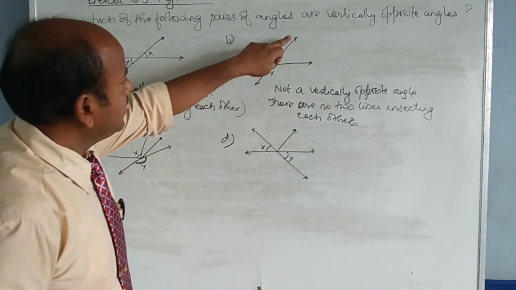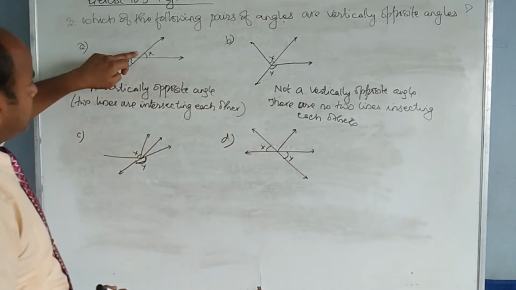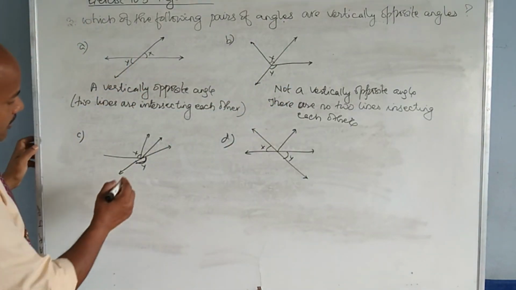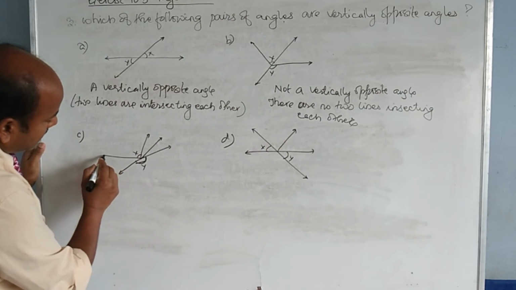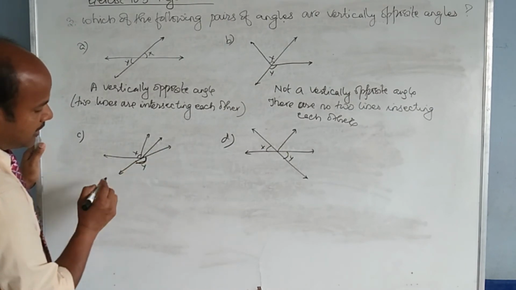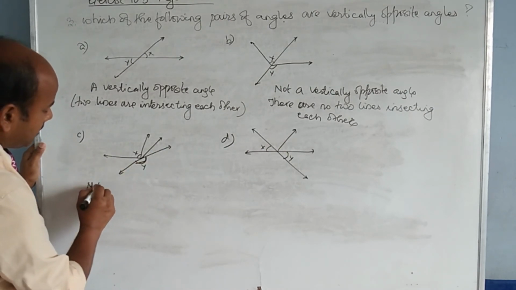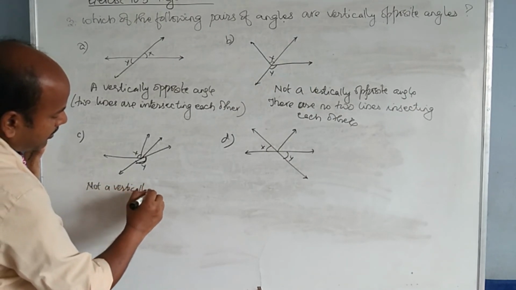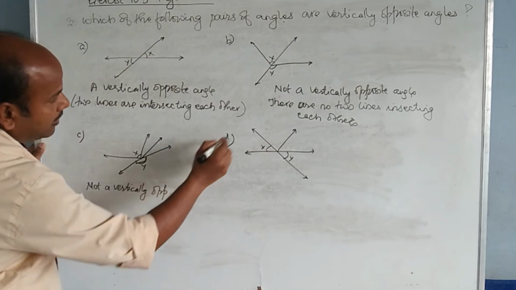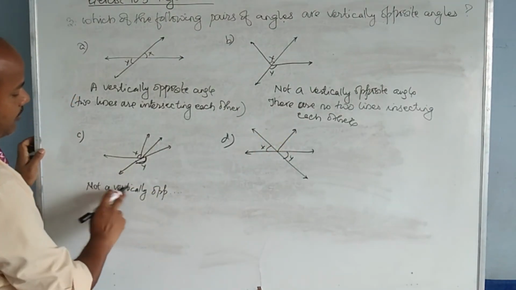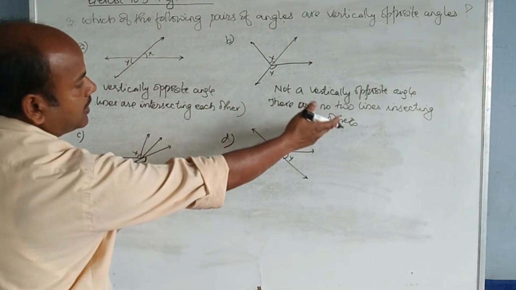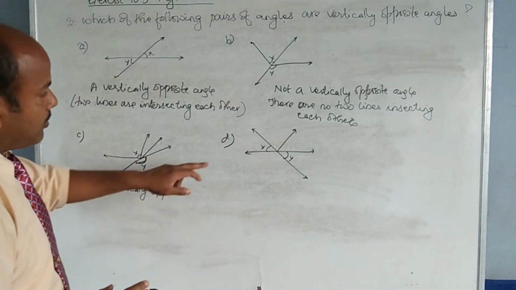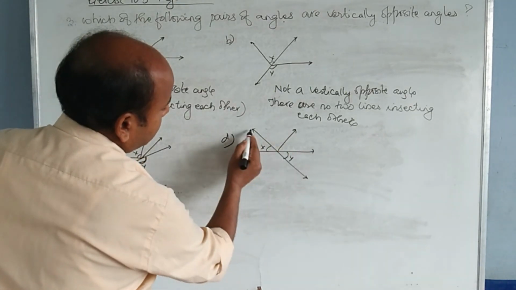So only one line, there is no other line intersecting, just in the form of number A. Here one line is there, another line is coming, but it is not completed. So it is not a vertically opposite angle, and you copy the remaining from here.